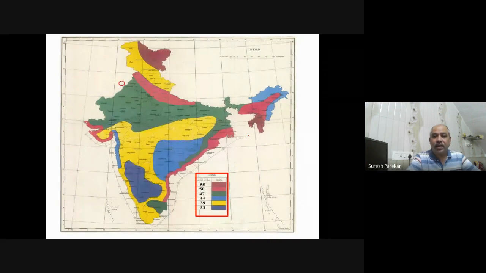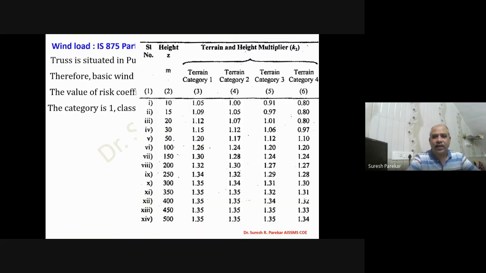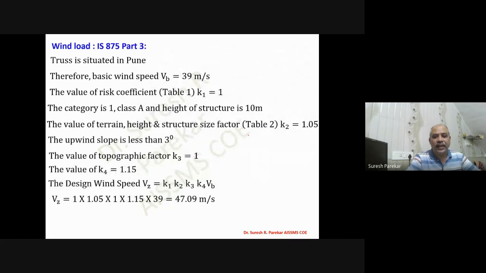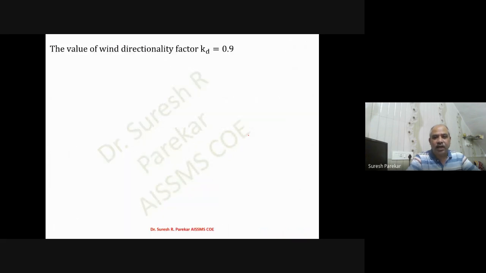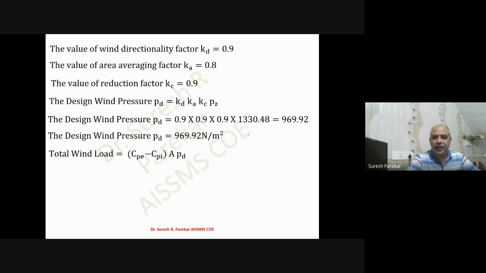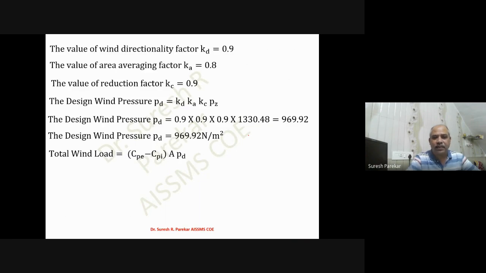Then for wind load, we have calculated VB, then K1, K2, K3, K4, then VZ. After VZ we have PZ. After PZ we have KD, KA, KC, and we will get PD. Then we have the total wind load. Here what is important is CP minus CPI into A into PD.